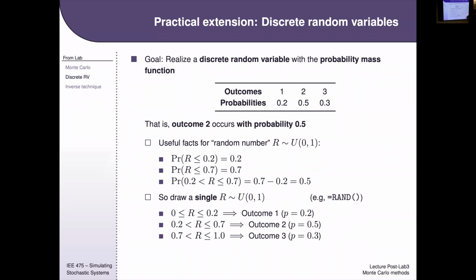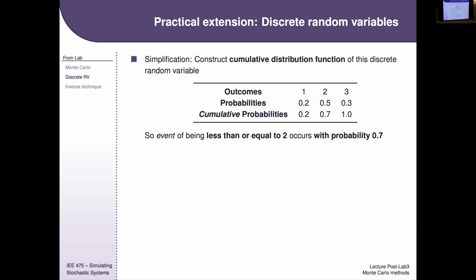If so, I'm going to give you an outcome 1. If it's between 0.2 and 0.7, I'll give you an outcome 2, and that'll be 50% of the time. If it's between 0.7 and 1, I'll give you outcome 3, and that's 30% of the time. So I can now simulate these discrete outcomes with desired probabilities just by drawing a single random number and then checking for which range it lands in.